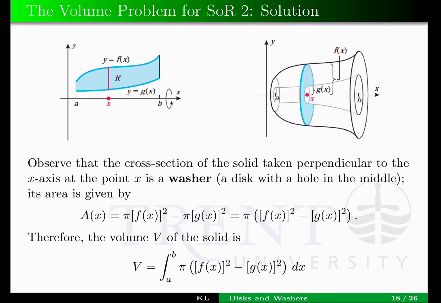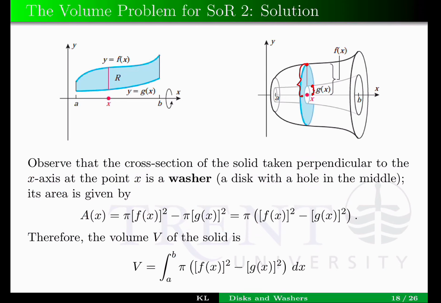So how did we calculate that? Your f of x is from this point going to your x-axis. Your g of x is from, of course, this point going to this axis here.